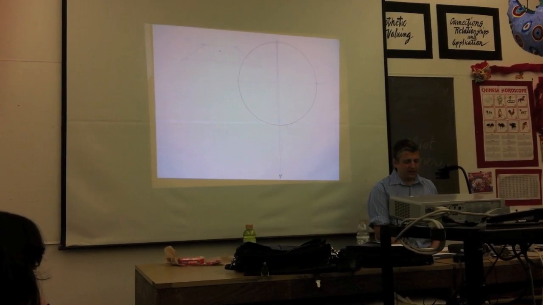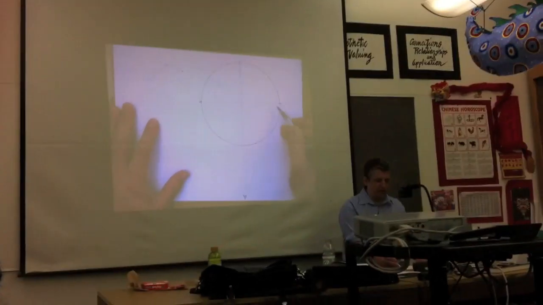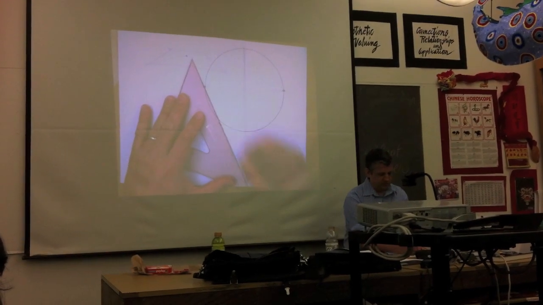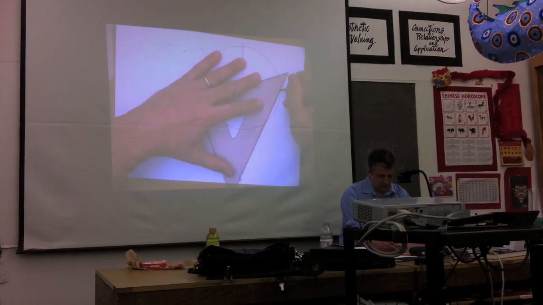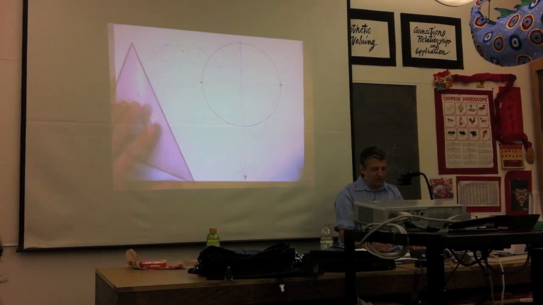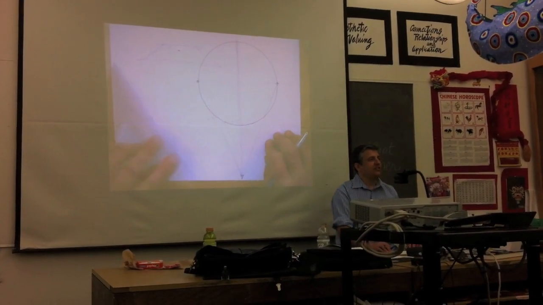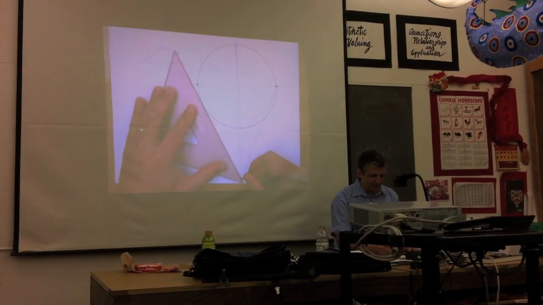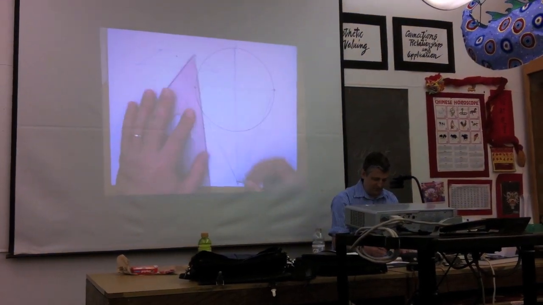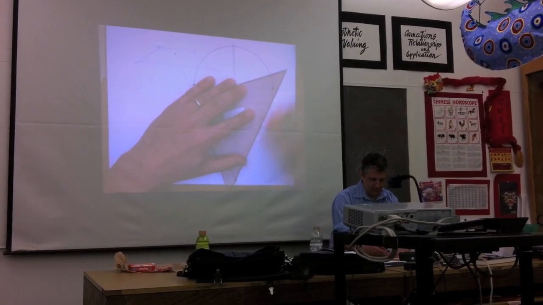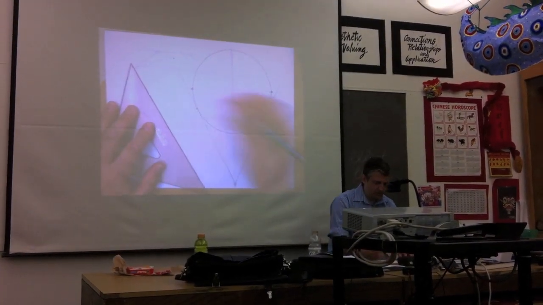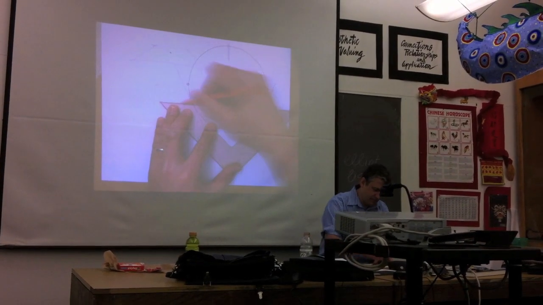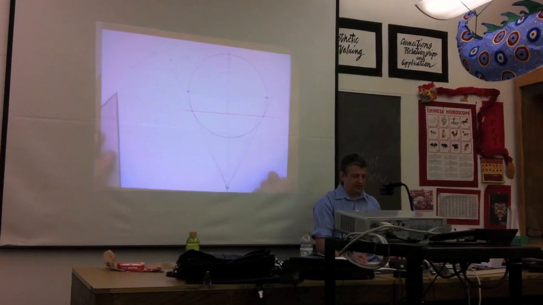Now, this is the widest point of the circle. But look. Visually, it is not the widest point of the ellipse. The widest point of the ellipse is there.